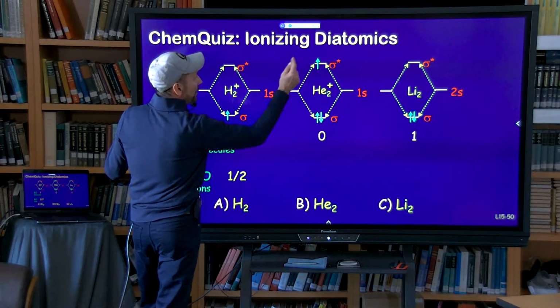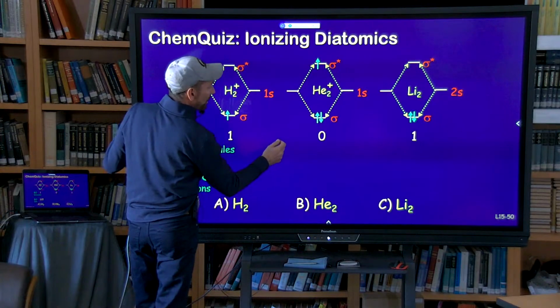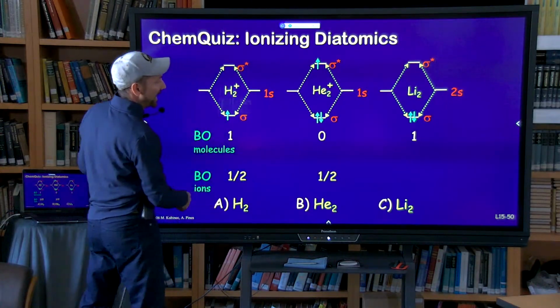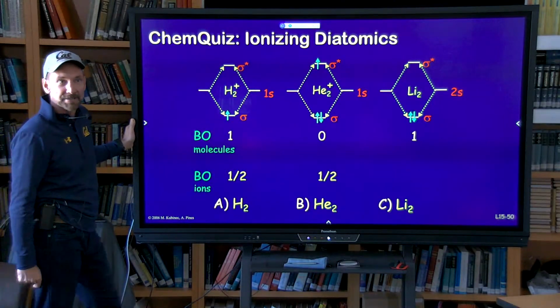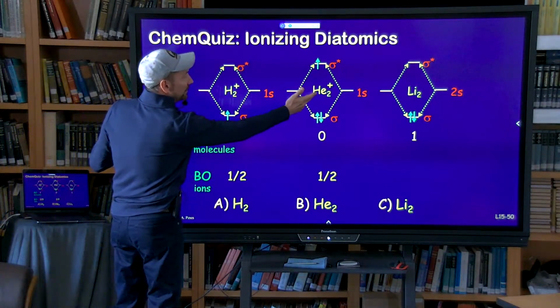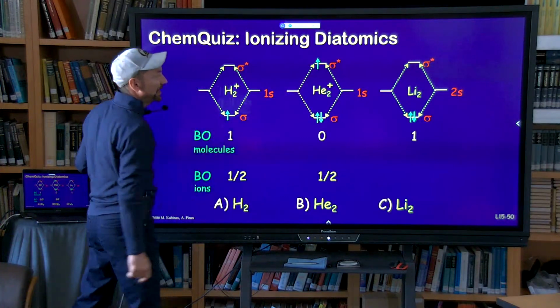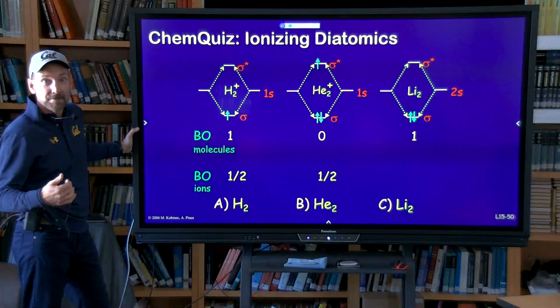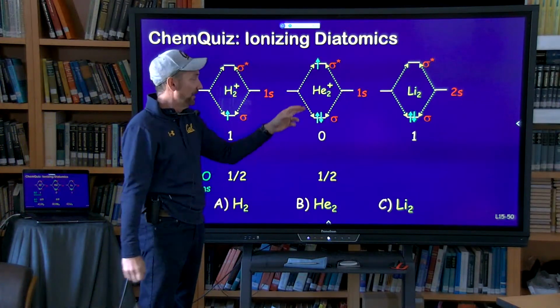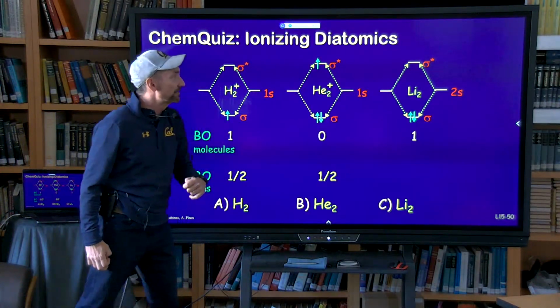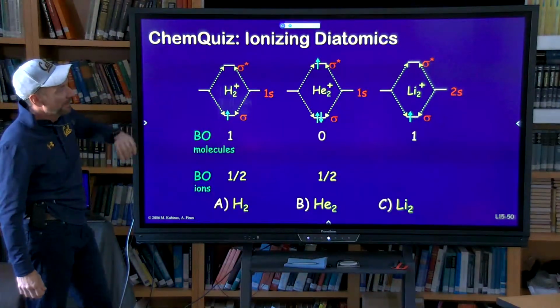So it's 2 minus 1 is 1, divided by 2 is 1/2. So that bond order increases when we ionize it. So He2+, the ion, is more stable than 2 He atoms. And you can make that in the gas phase in the laboratory.